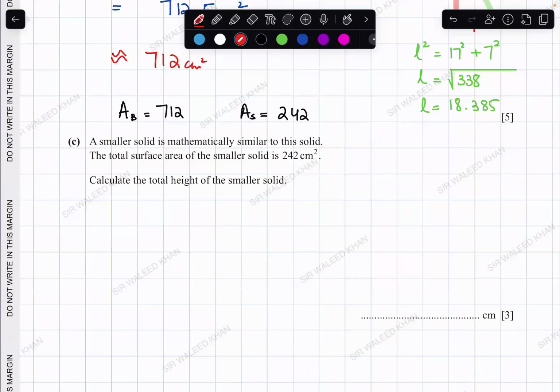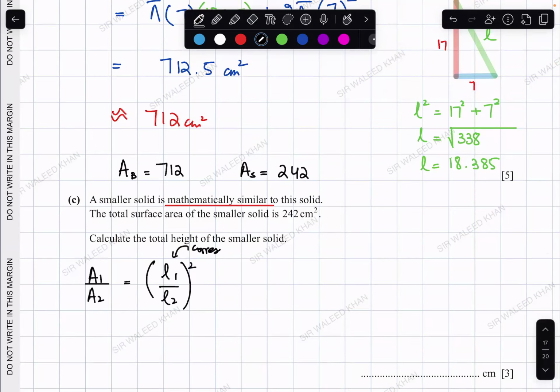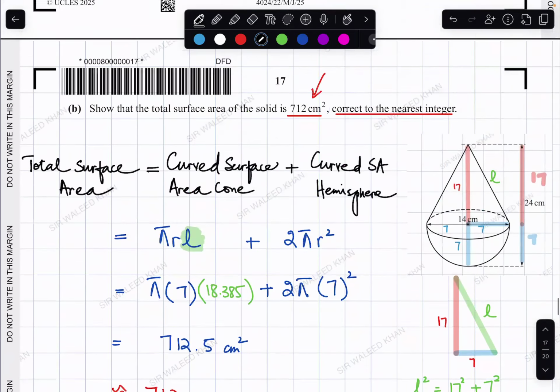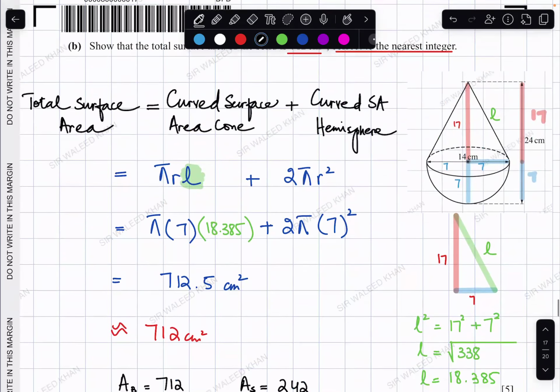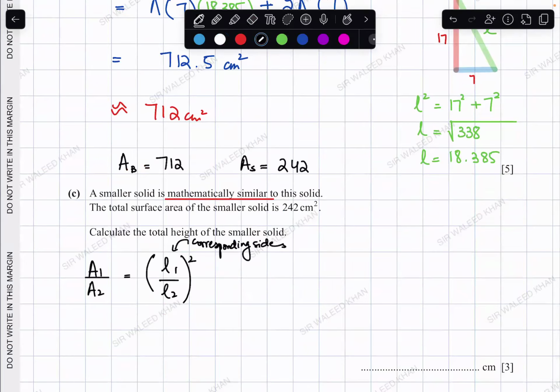Now, if we are dealing with mathematically similar solids, we have a relation of areas. A1 over A2 is equal to L1 over L2 whole square. You can use lengths, heights, corresponding sides. In this case, we have the heights. We have the height of this one, 24, and they are asking for the height of the smaller one.